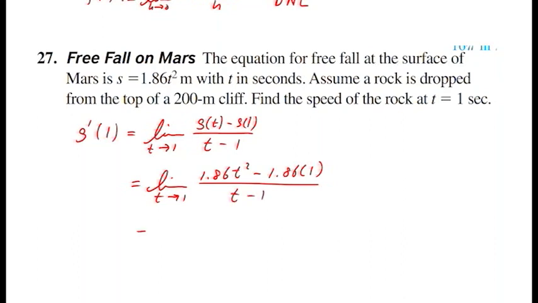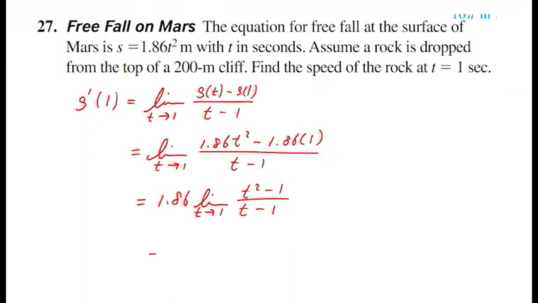So far so good, let's factor out 1.86 because that's one of the properties of limits. You can do that. It's a constant. And then we have t squared minus 1 over t minus 1. Oh, that factors, and then cancels to be this, right?